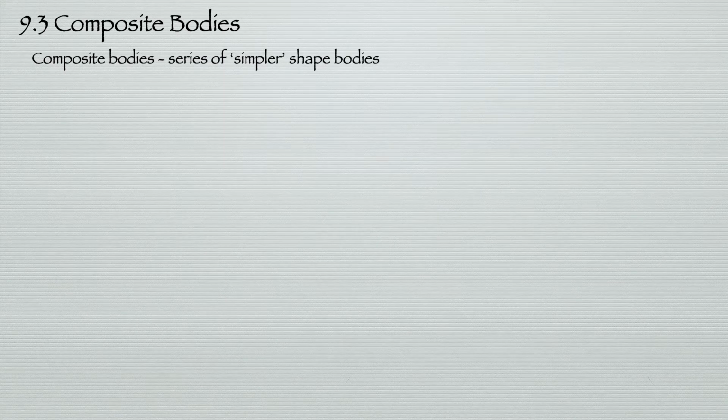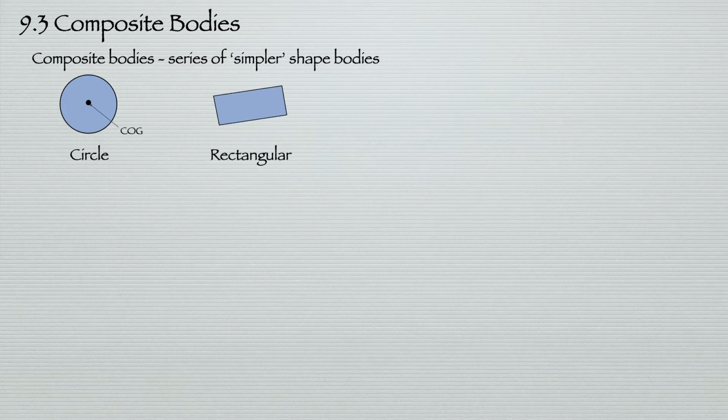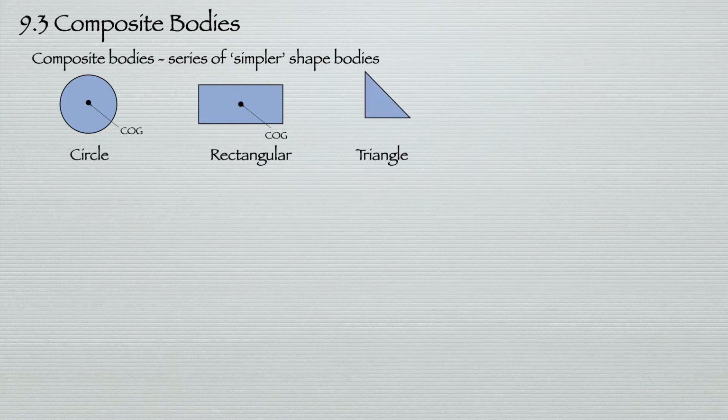The composite body is a series of simpler shapes, consisting of a few simpler bodies such as a circle, where it has the center of gravity or centroid at the center of each circle. Rectangular, where it has the centroid point at the center of its shape. And then we have the triangle, where it has the centroid location at 1/3 of its left side and bottom side.